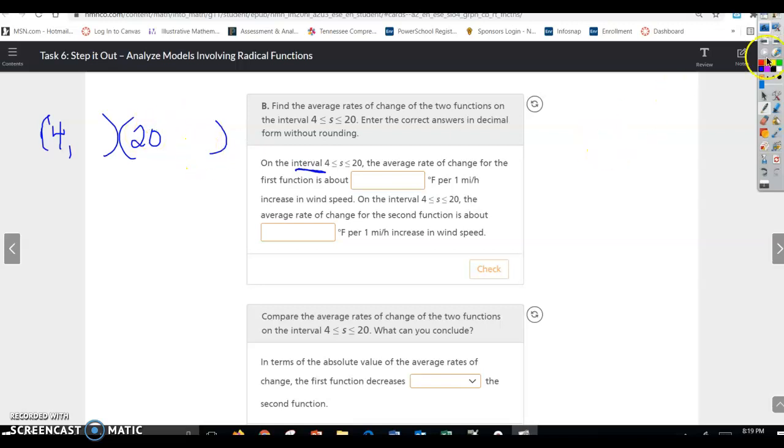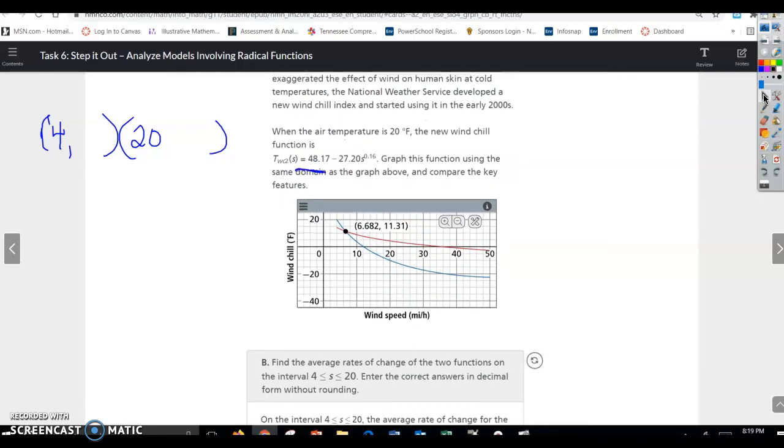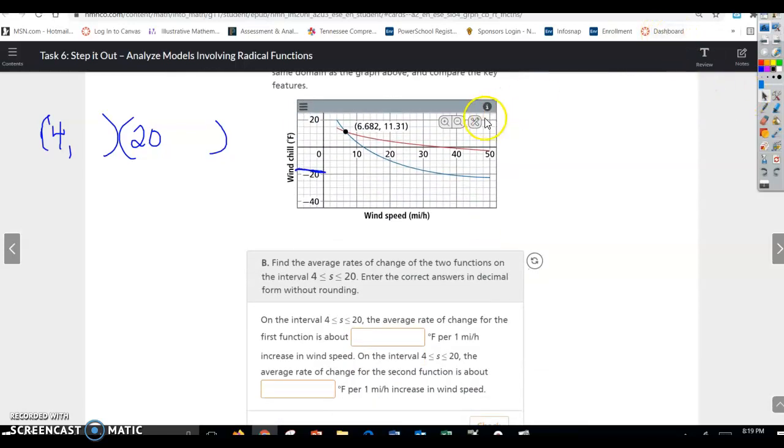What I need to do is find out what values go with that. So at 4, this one has a y value of 20 as well, and at 20 it looks like it's about negative 10.